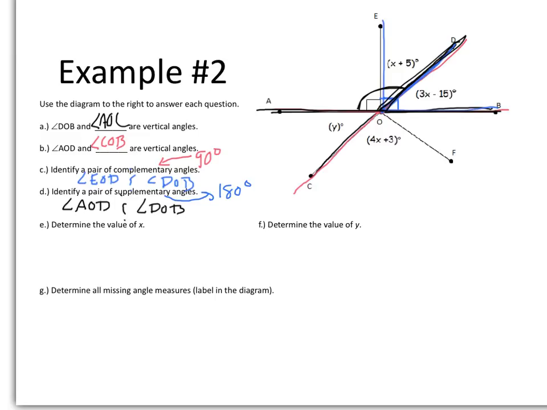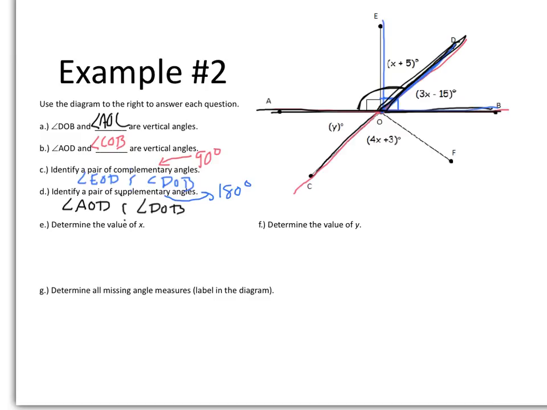Now on E, we're going to have to do a little bit of work. It says determine the value of x. We know that to determine the value of x, we have to come up with an equation. The great thing is we've already identified the information that we need to write the equation. Remember, in part C, we said both of these angles are complementary, meaning they add to 90 degrees.